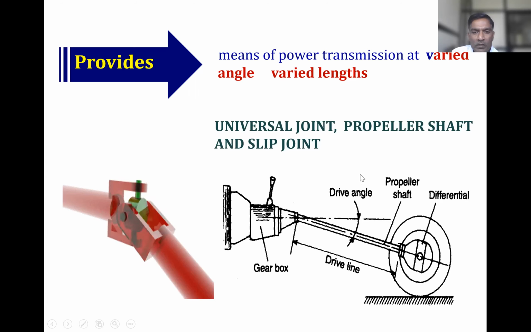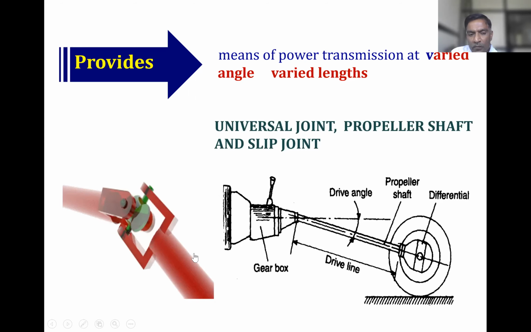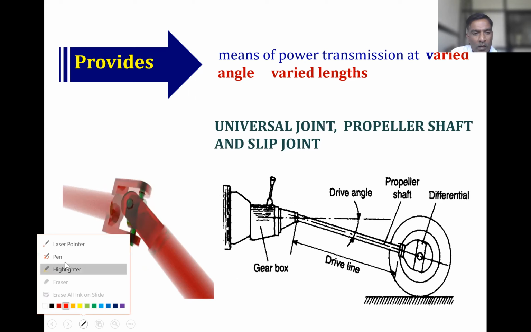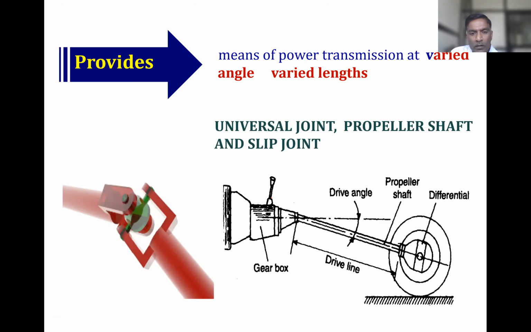So you can see this line diagram or simplified diagram first. This one is the gearbox. Here there is clutch assembly, and here somewhere engine is there. So the difference in height of the engine and the wheel.